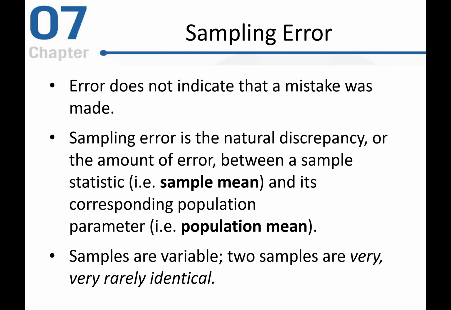All right, so sampling error. We talked about that all the way in chapter 1. This error, the sampling error, doesn't mean that a mistake was made by the researcher.